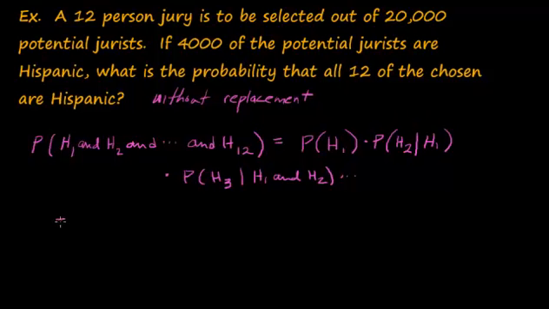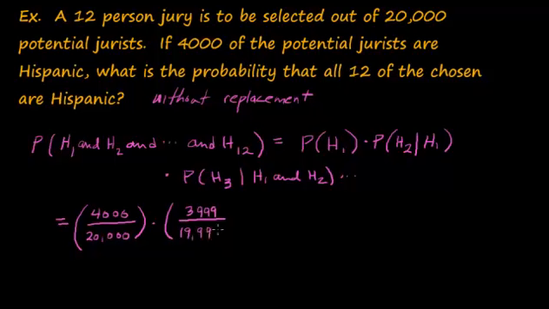Writing this out numerically then, the probability of selecting the first person for the jury and they're Hispanic, well, there are 4,000 Hispanic names on our potential juror list, and we have 20,000 names on our list total. So that would be the probability that the first person selected was Hispanic. Alright, then our next one, we would put that person's name aside, so there would only be 3,999 Hispanic people left on the list, and there would only be 19,999 people left on the list.